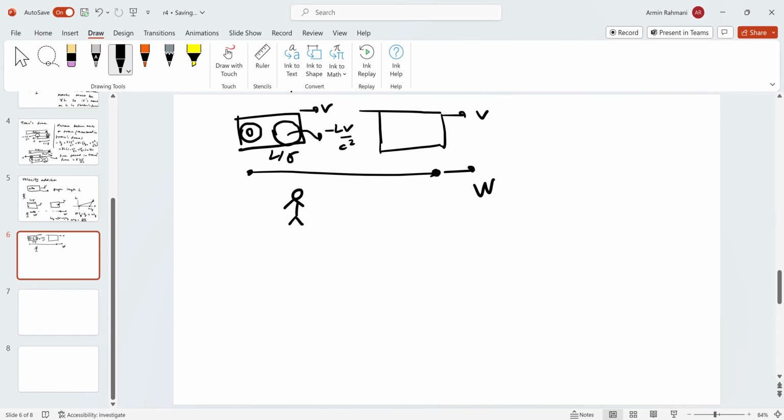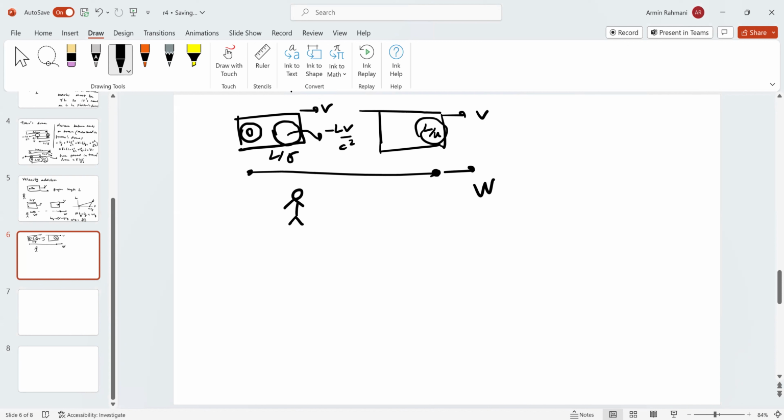Now, when that object hits the front wall, well, we know how much time has passed in the frame attached to the train. So proper length L, velocity U with respect to the train. So that should be reading L over U. So, which means that the time that has passed on the train is L over U plus LV over C squared.